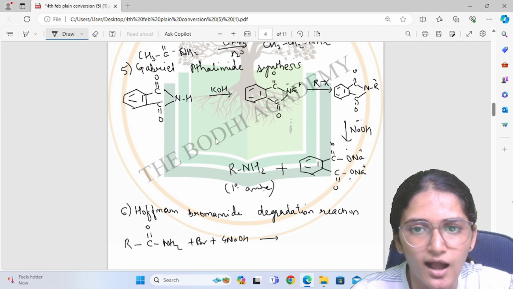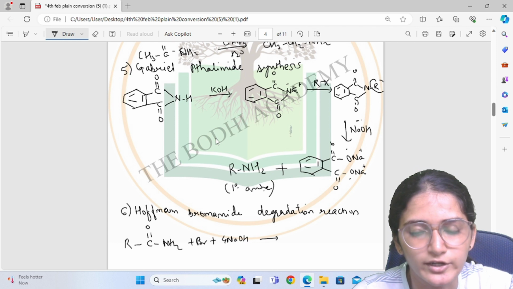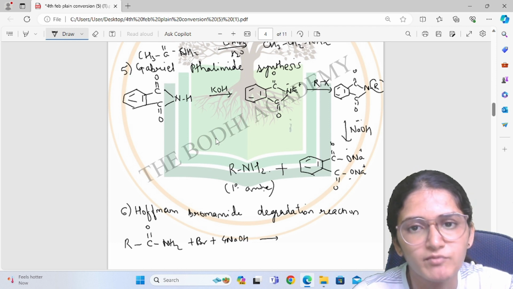This R will combine with hydrogens, and we will get RNH2, and the remaining groups remain the same.